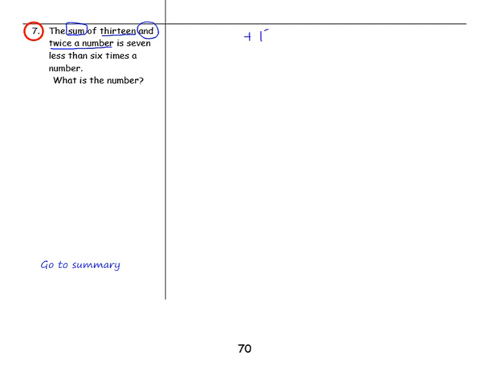Adding 13 to twice a number is 7 less than. So we're going to take 7 away from something. 7 less than what? 6 times a number. To write 6 times a number, that will be 6x. And we want 7 less than that. So there's our linear equation to find the value of the number.